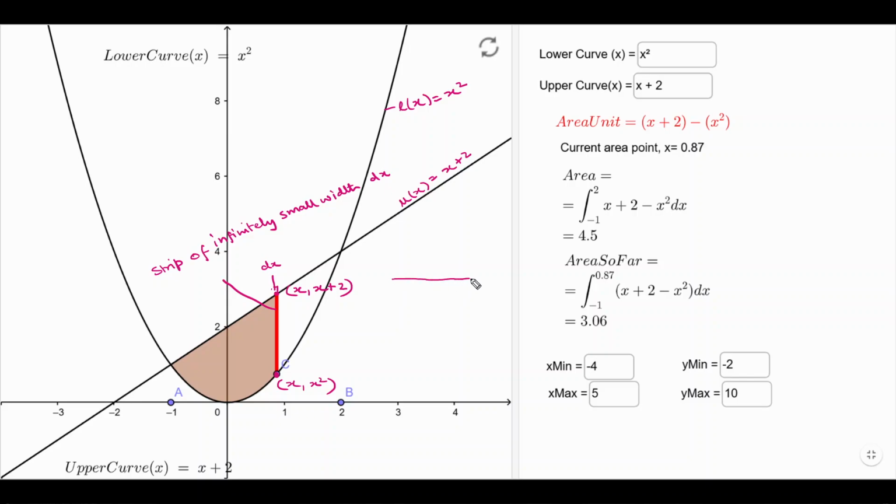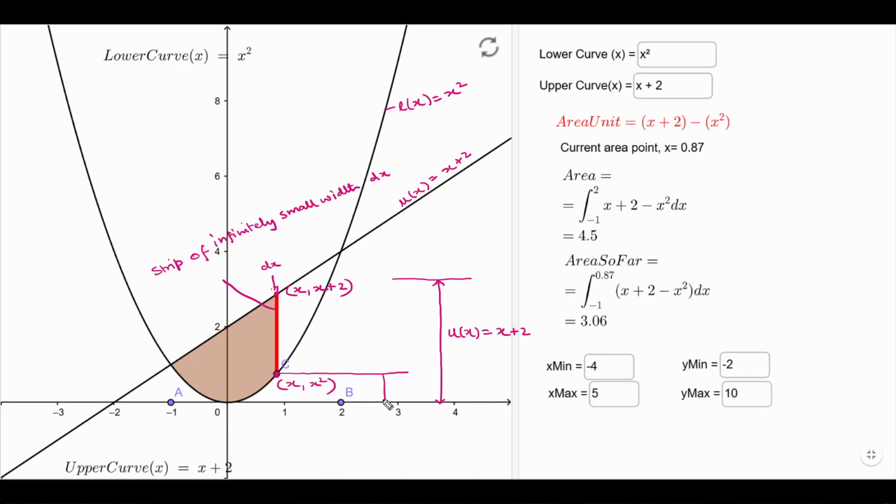So this is how you write the coordinates only in x. To find the height of this strip, we need to understand the coordinate geometry. So this will be our upper function x plus 2. The height from the x-axis to the top of the strip will be x plus 2.